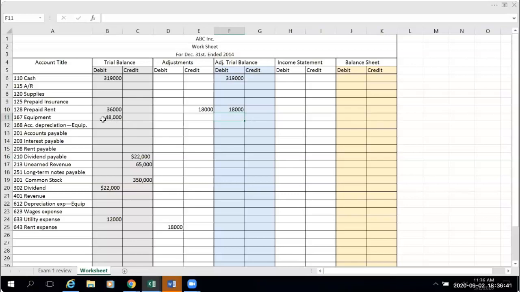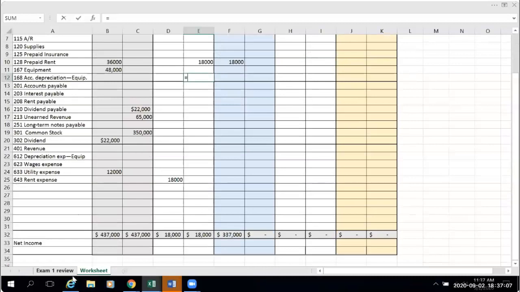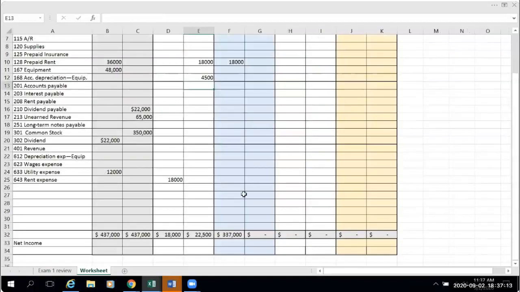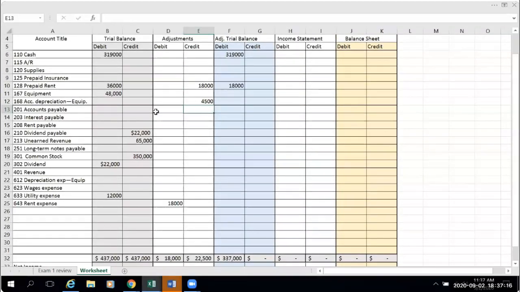So in order to not touch equipment, you just credit the contra account, which you call accumulated depreciation dash, in this case, equipment. So you want to credit that, okay? So how much? Equals to, go to the calculation, $4,500 here, enter. So as you see, your accumulated depreciation will be here credited.